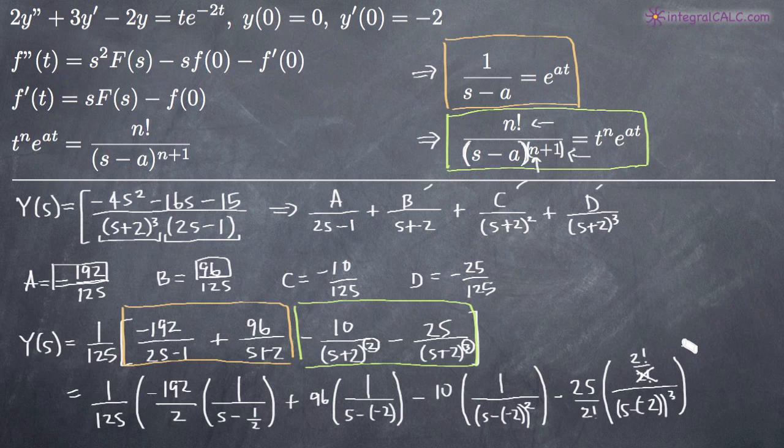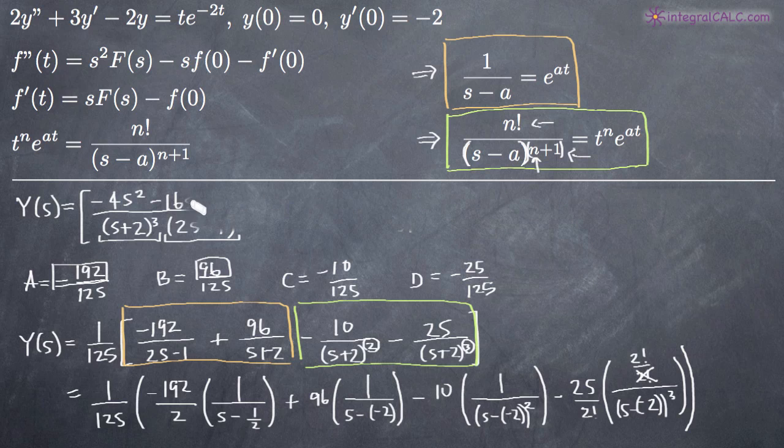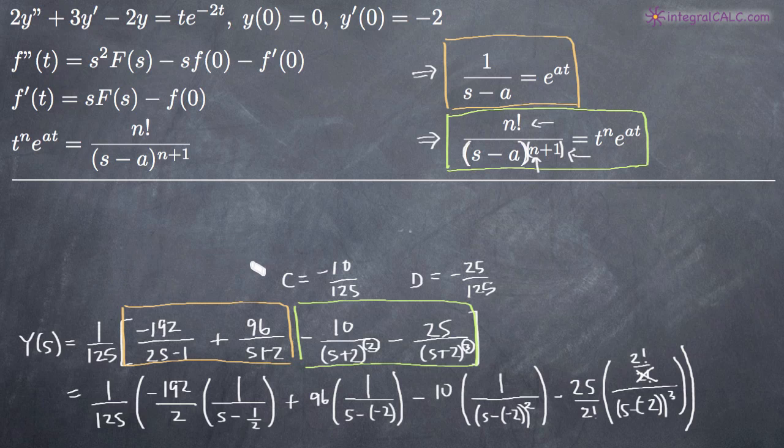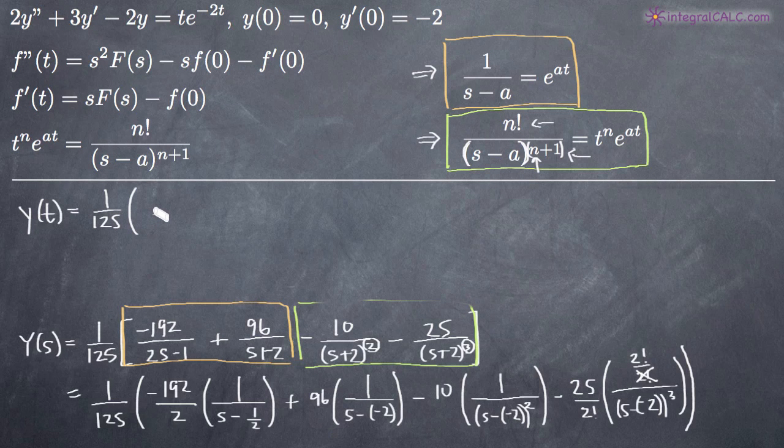So now that we've converted everything into the same format as our formulas, we can go ahead and perform the last step of our problem, which is the inverse Laplace transform. So let's go ahead and do that up here. What we'll get is y of t, which is going to be equal to 1 over 125, that'll stay out in front. The negative 192 over 2 is going to be negative 96.